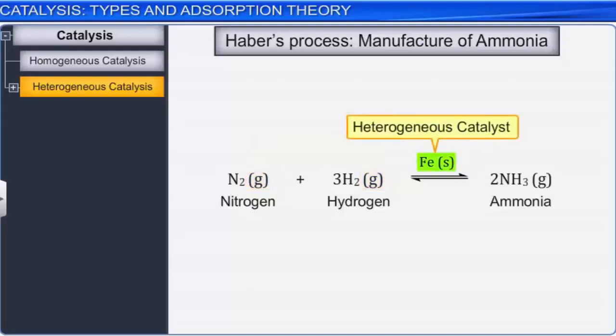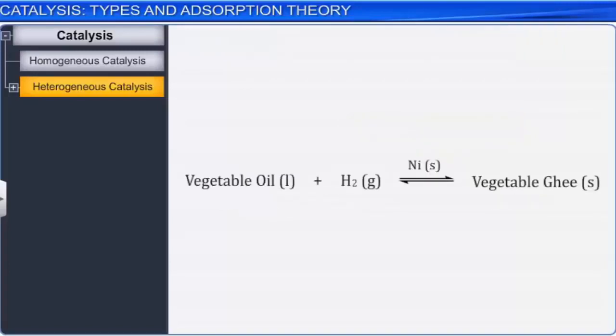Heterogeneous catalysts act in a different phase than that of the reactants. Most heterogeneous catalysts are solids that act on substrates in a liquid or gaseous reaction mixture. Let us consider another example, that of the hydrogenation of vegetable oils in the presence of finely divided nickel as the catalyst.